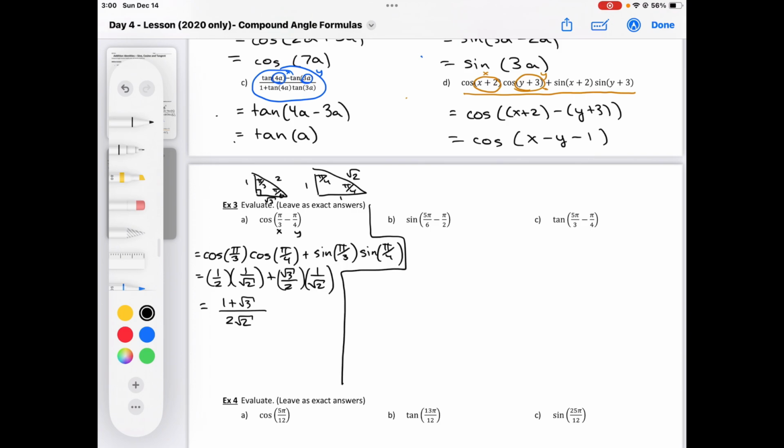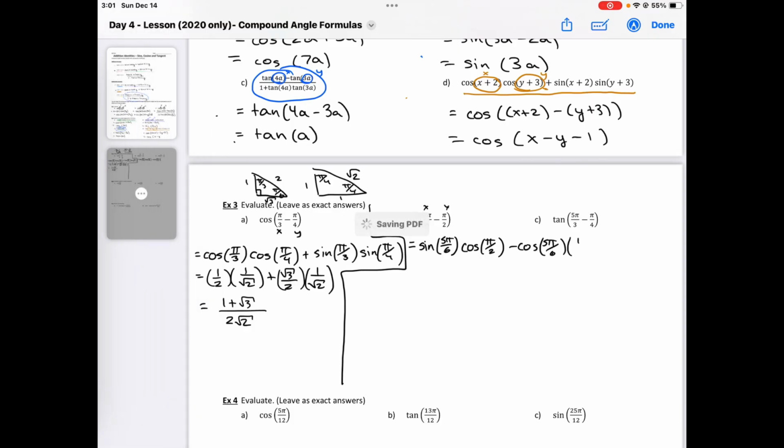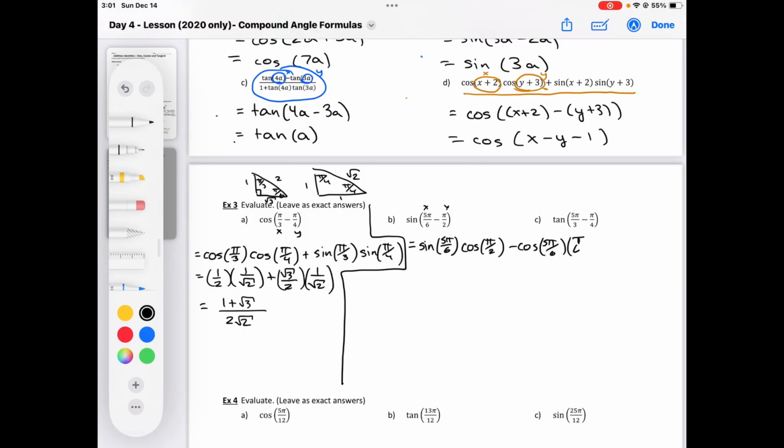Let's do the second one, which is a sine ratio. So here I've got sine of x minus y, so that is the identity that I'm using. This one is sine x cosine y minus cosine x times sine y.